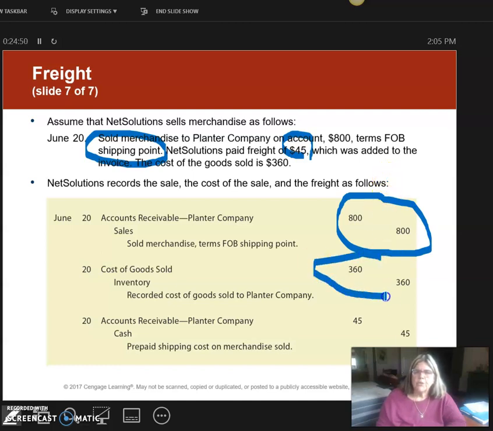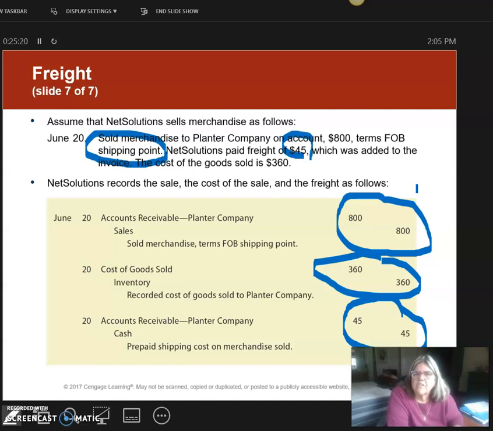Journal entry number 2 to reduce the inventory at cost. And here's journal entry number 3 to add the $45 shipping to the invoice. Now, right now, the customer owes me $845. You can see that from here, from here and from here. So if we were doing this scenario, they would owe me $845.